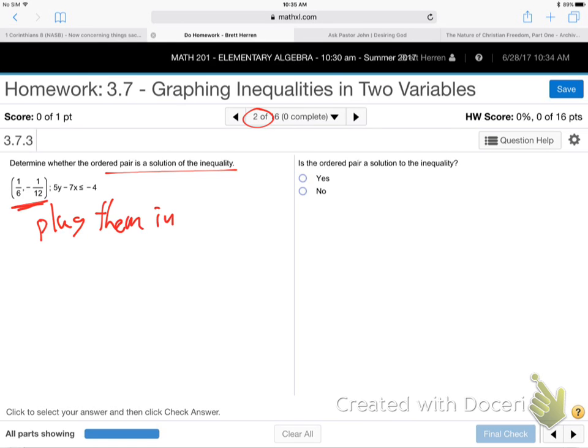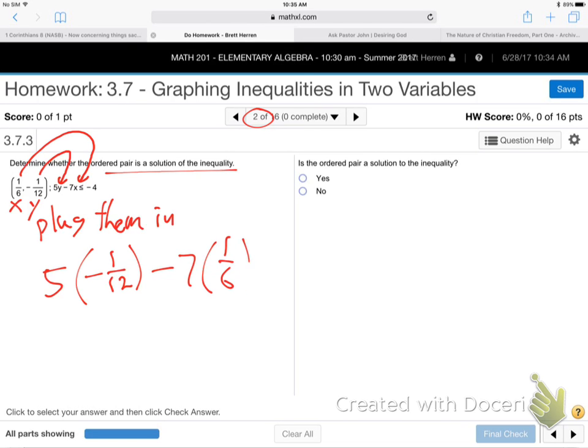When you do, the first one's X, the second one's Y, right? Because X always comes before Y. It's alphabetical. So you plug the X in for X and the Y in for Y. Is that good? So we get 5 times the Y, so minus 1/12, minus 7 times the X, which is 1/6.